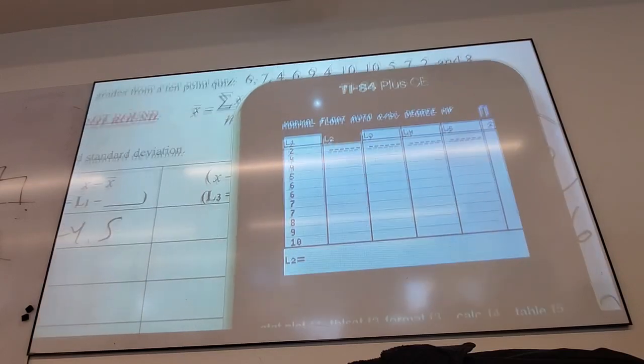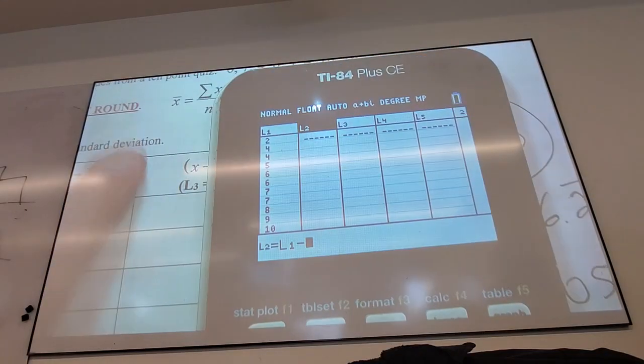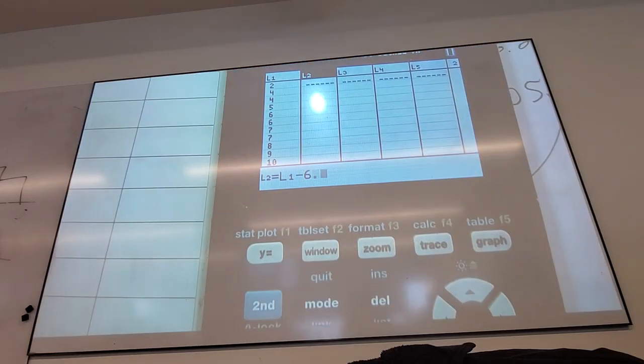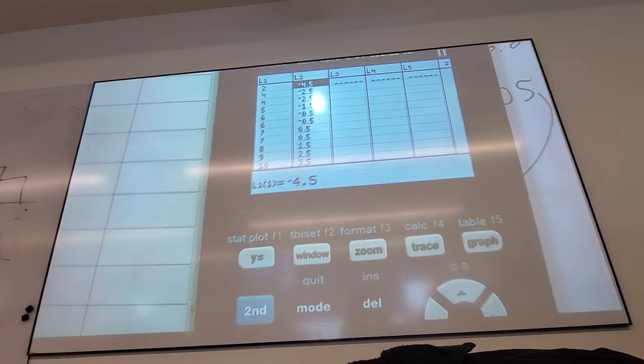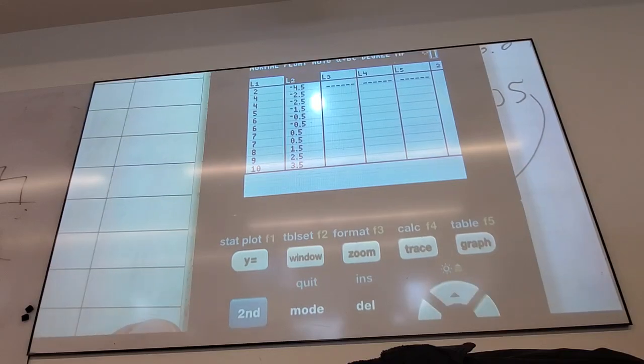So I want L2 to be L1, that's my x's, minus the mean of the data, which in this case is 6.5. L1 minus 6.5, because that's the mean in this case.